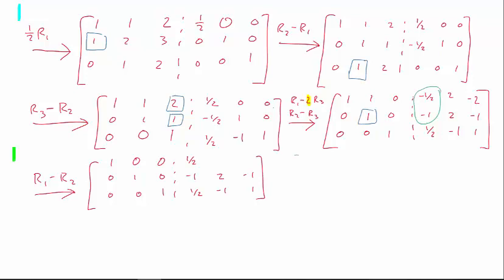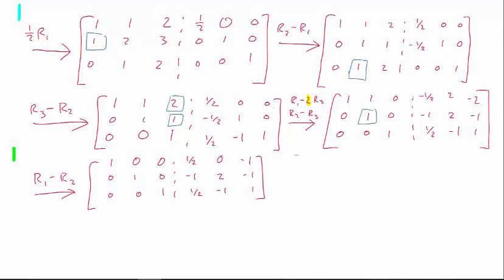Alright, and then 2 minus 2, which is going to be 0. And then we have this last one, negative 2 minus negative 1. That's going to get us negative 1.